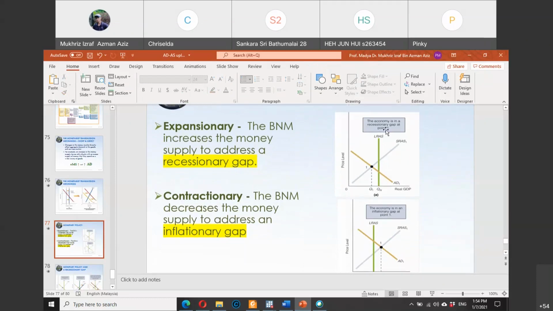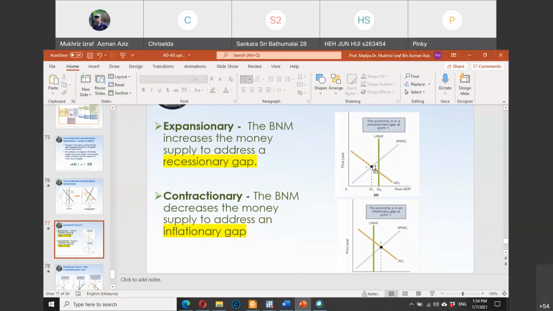If the economy is in recessionary gap at point 1, why at point 1 are we at the recessionary point? Because this is the short run supply curve.